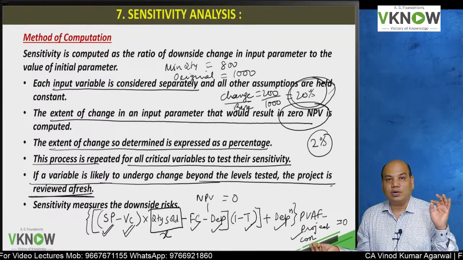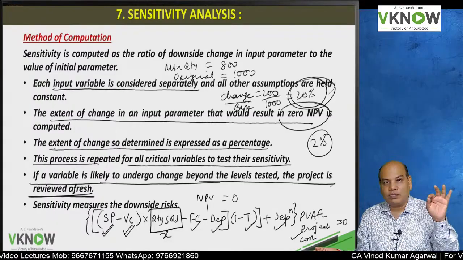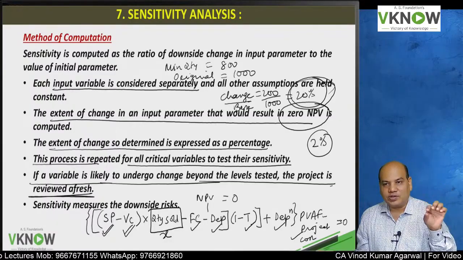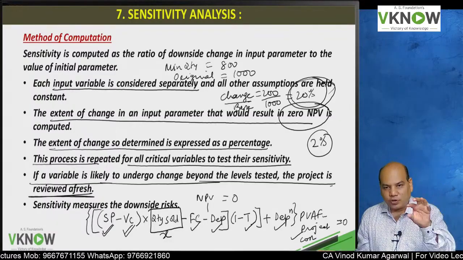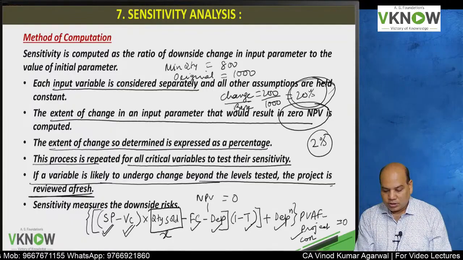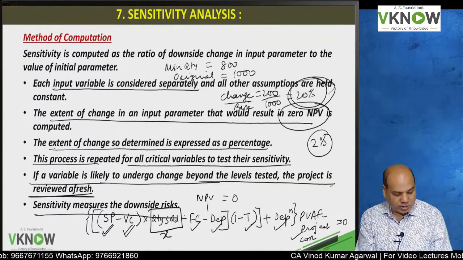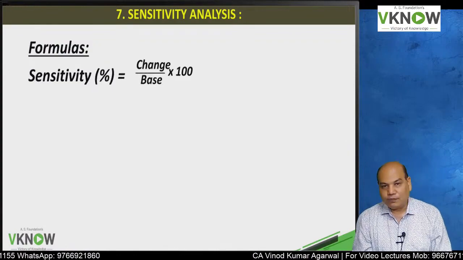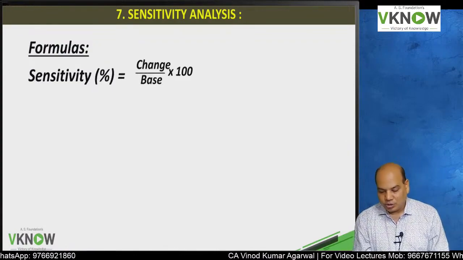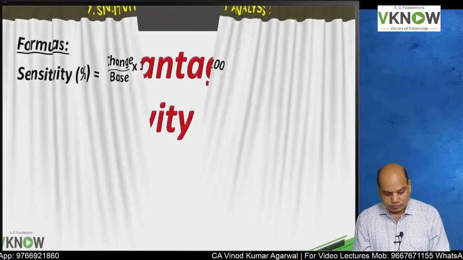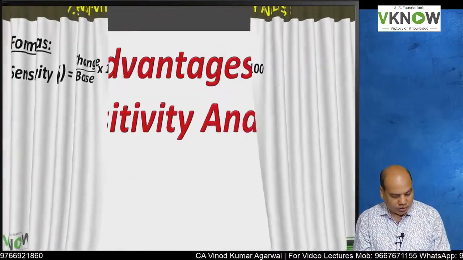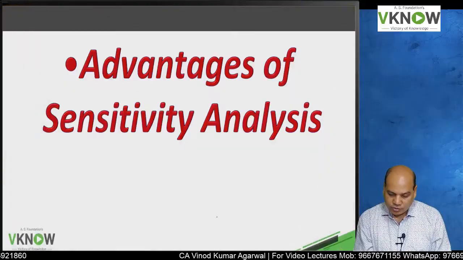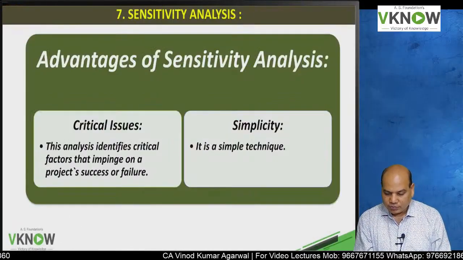So I will think twice when I find that the percentage change for a particular variable is very small. Sensitivity always measures the downside risk, not the upside gain. The formula for sensitivity is change upon base. Advantages of sensitivity analysis.